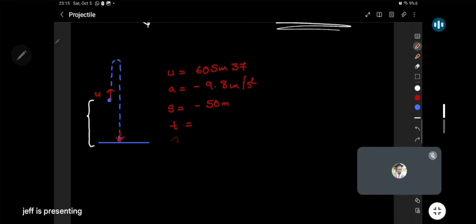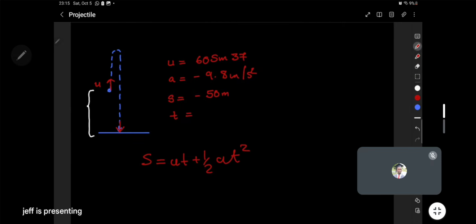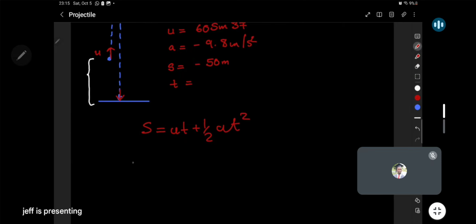Since we're looking for time and we don't want to use final velocity, we use ut plus half at squared. Displacement, it ends up below, so we have negative 50. Starting velocity, we have 60 sine 37. And then we have t here, then plus half negative 9.8, then t squared.